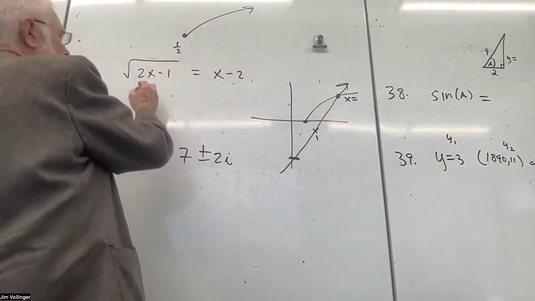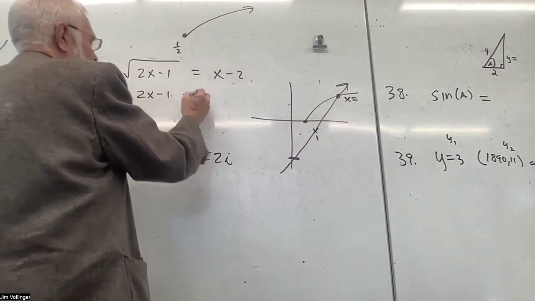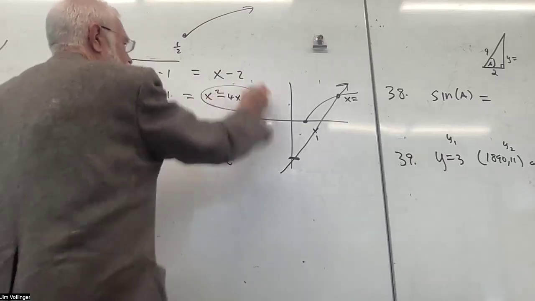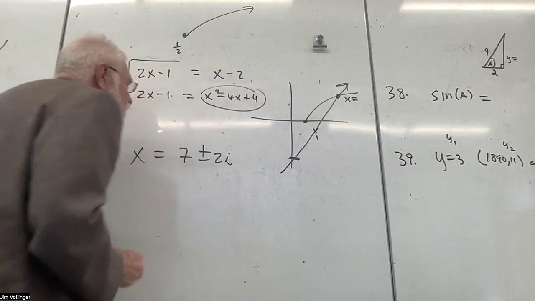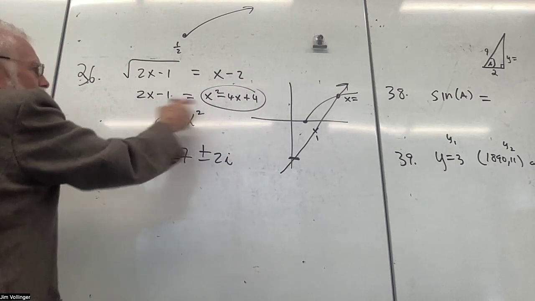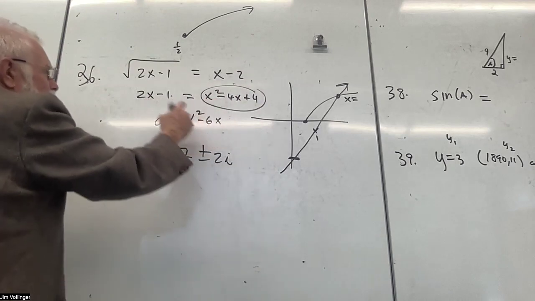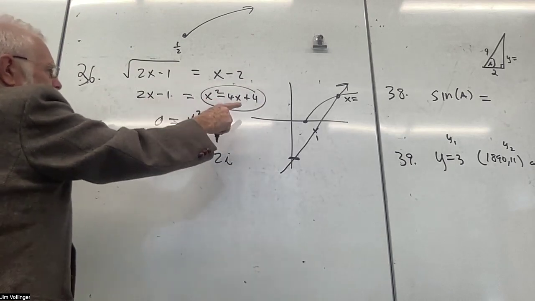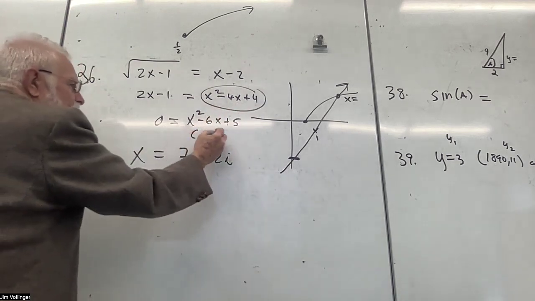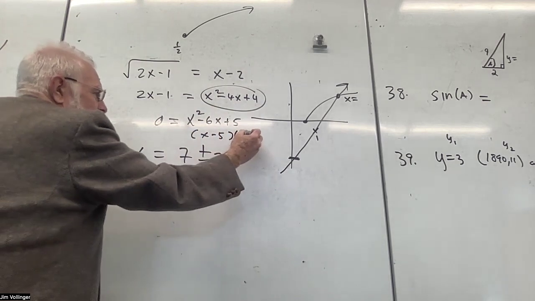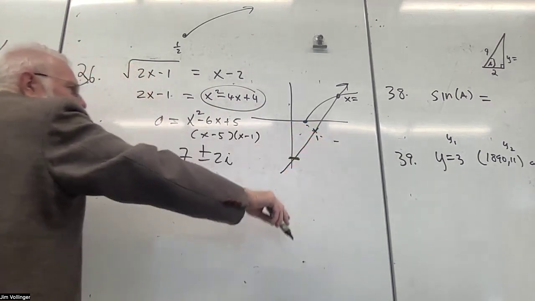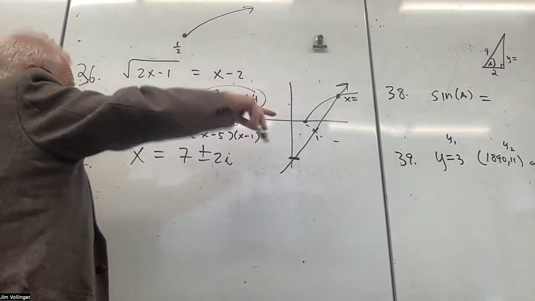But let's find out. 2x minus 1 equals x squared minus 4x plus 4. Again, hoping we binomial square that correctly. So 0 equals x squared minus 6x minus 1 goes to the other side, becomes positive 1, and becomes 5. So that's x minus 5 times x minus 1. Yeah, 1 was a good guess because that's the bottom half, but we're not graphing it because we want this to be a function.